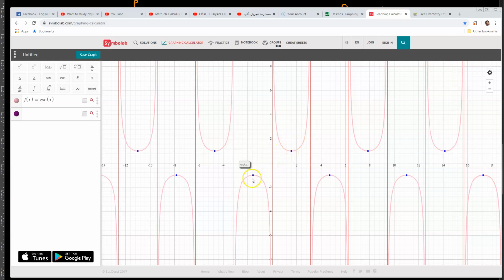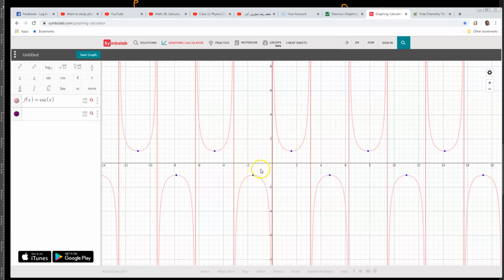However, between negative pi by 2 and pi by 2 for the domain, the function is one-to-one. As you go towards the positive axis the function is decreasing, and starting from 0 it jumps to positive infinity, again decreasing to y equals 1.